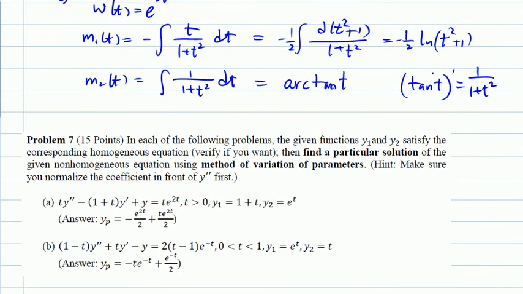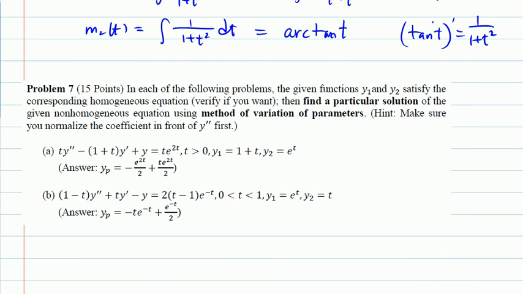Problem 7 is also using the method of variation of parameters. In this question, I don't require you to solve for y1, y2, the solutions of the homogeneous equation.